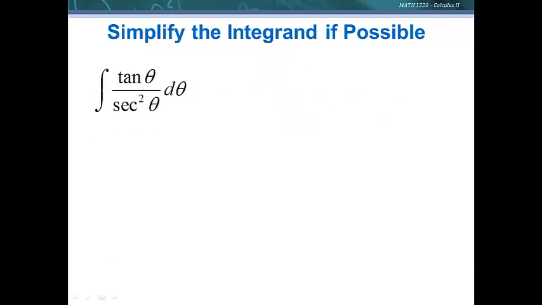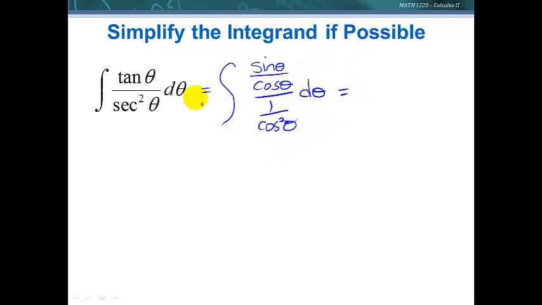So let's look at another example. This may look fairly complicated, but let's see what we can do to simplify this. This is sine theta over cosine theta, and then 1 over cosine squared theta d theta. So when I flip this over, I can make this a cosine squared theta over 1, and then cancel one of these cosine thetas.